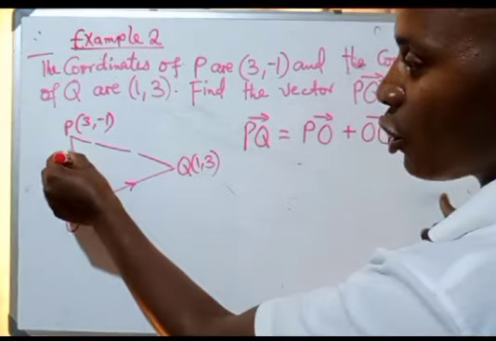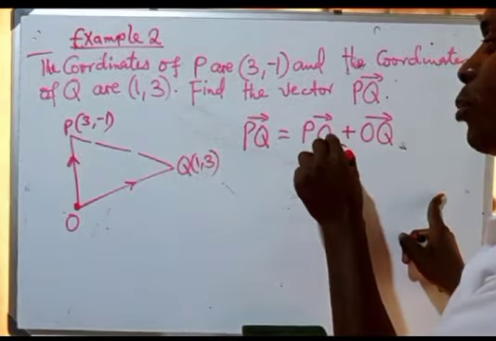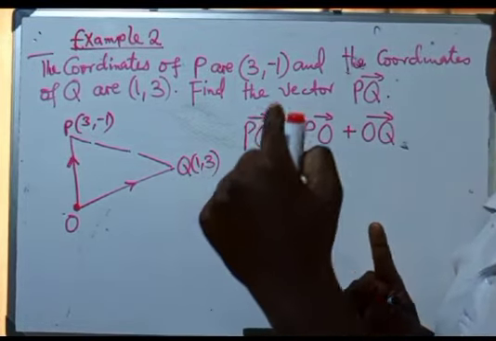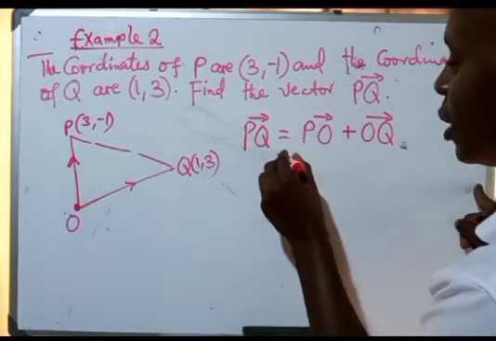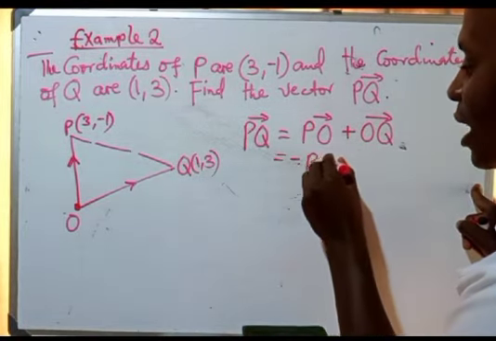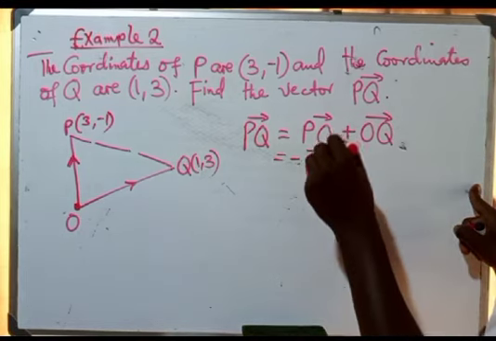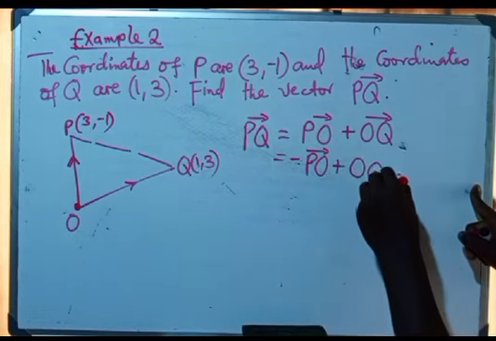Because the arrow shows that it is O to P. So if I write PO, it means I'm reversing. I'm doing an inverse movement. So if I'm reversing, the vector will carry a negative sign. So I'm going to have negative PO plus OQ.